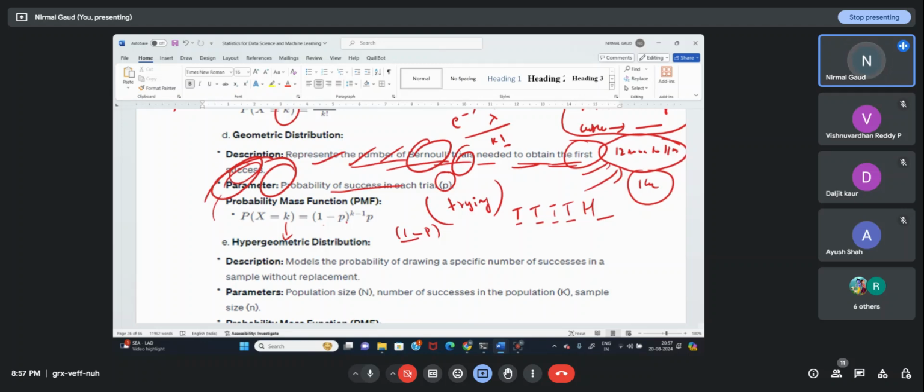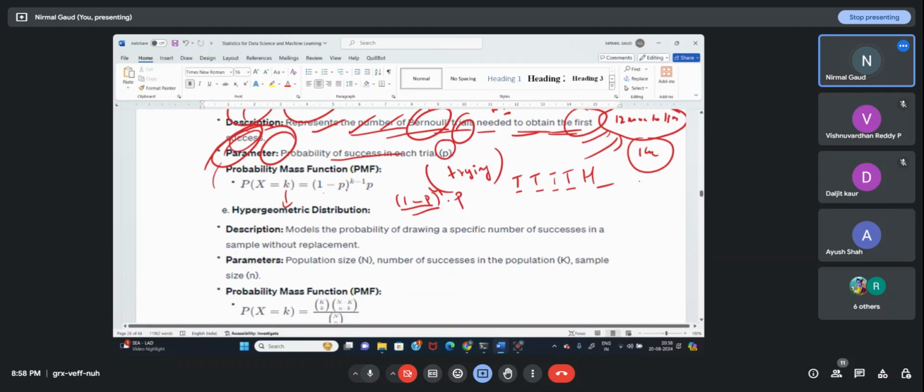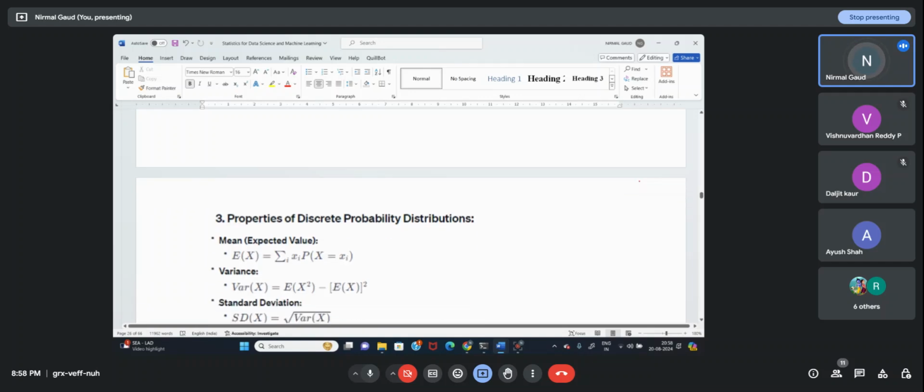That's all 1 minus P. Four times I got failure. After that, I got success. So (1 minus P) to the power 4 times P. This is geometric distribution. Okay, hypergeometric not required at the moment.